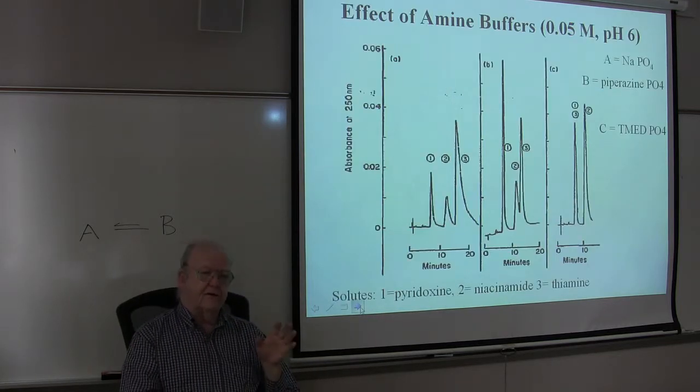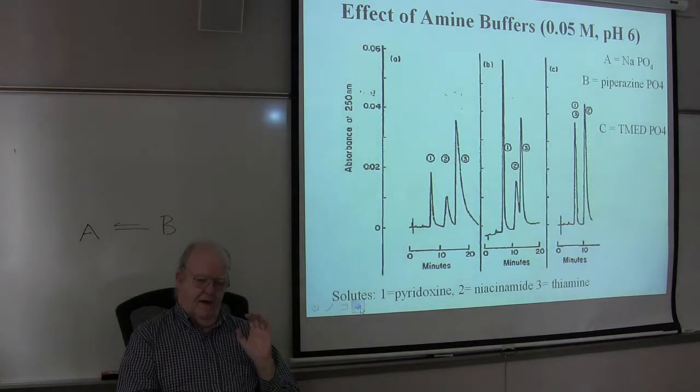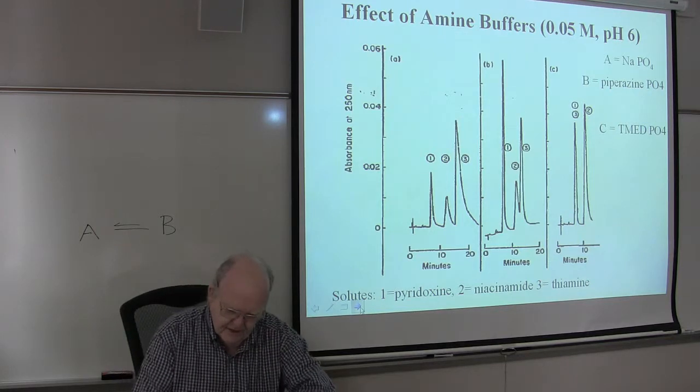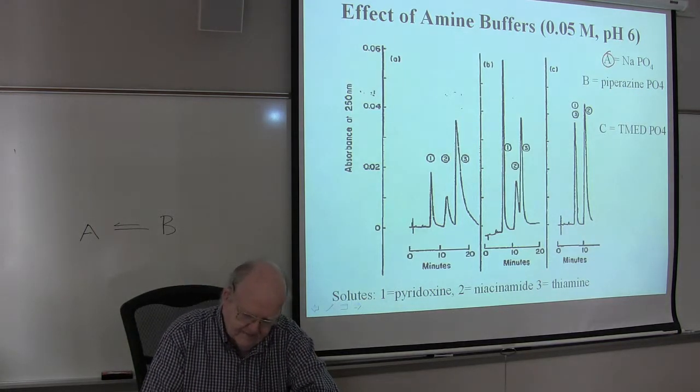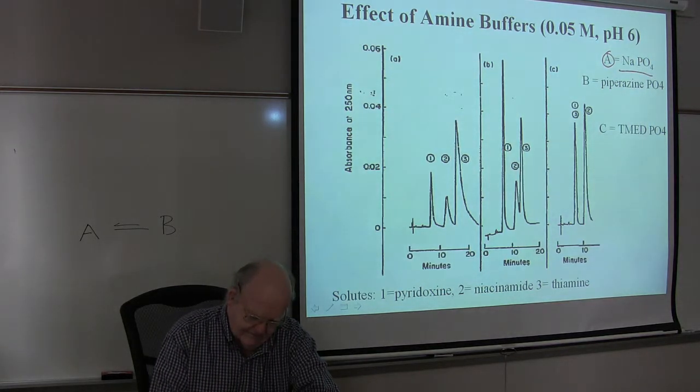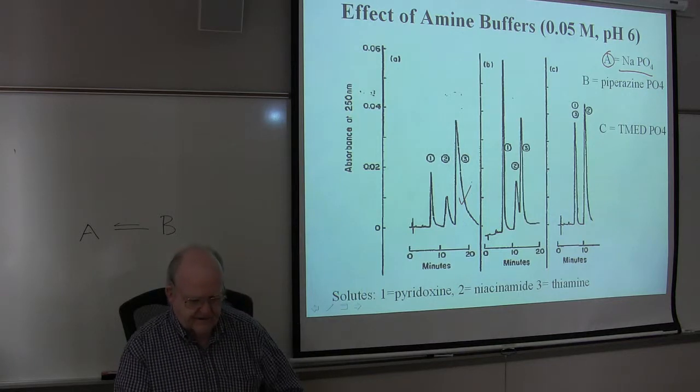Another thing that you can do to make the peak better is to deliberately add to your mobile phase a compound that will compete with your analyte for occupying the ionized silanol groups. So here in case A is just a simple sodium phosphate buffer, and we get really very ugly peaks.